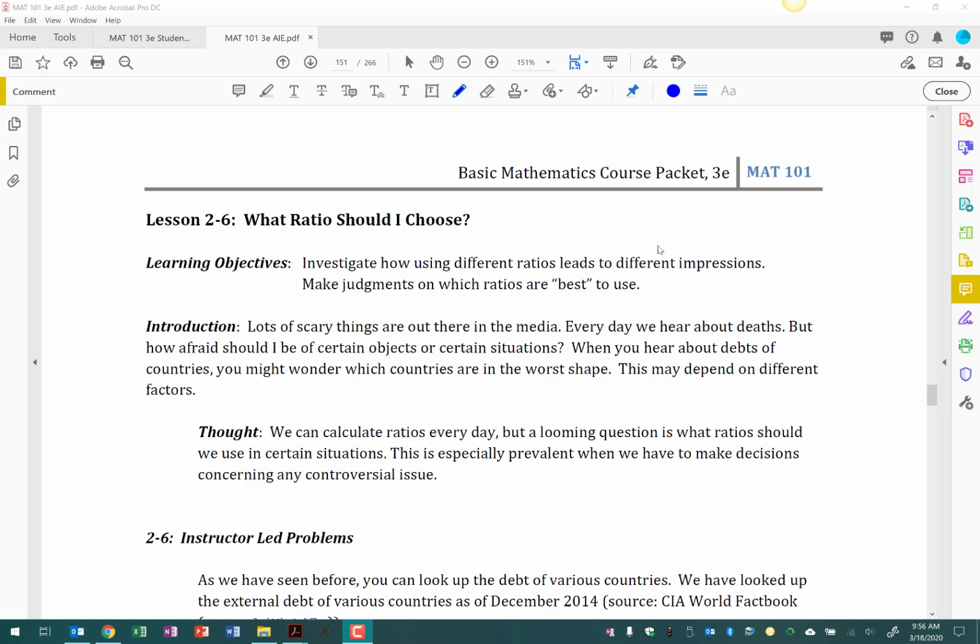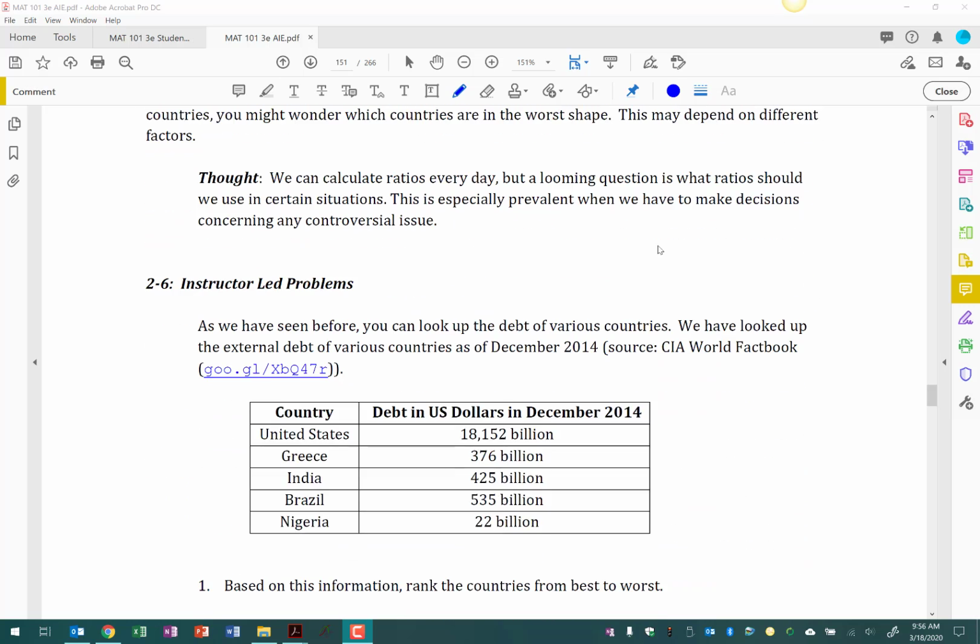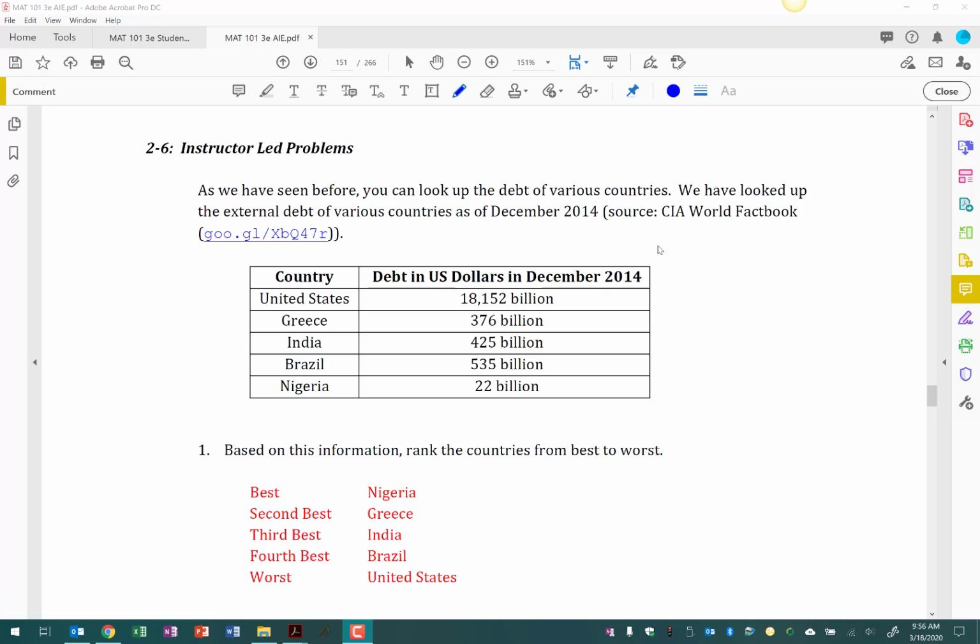I'm going to scroll down here on page 151, and we begin with a table which gives us 5 countries: the United States, Greece, India, Brazil, and Nigeria, and their debt in US dollars back in December of 2014. The United States had $18,152 billion in debt, or another way to say that, 18.152 trillion.